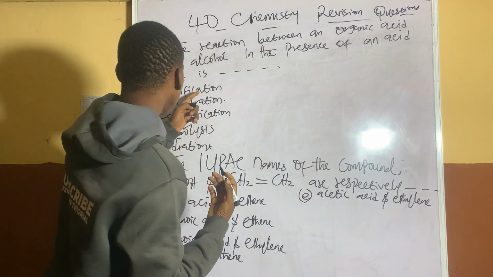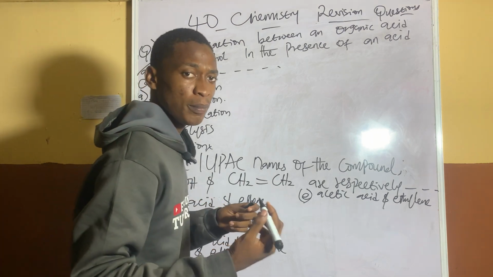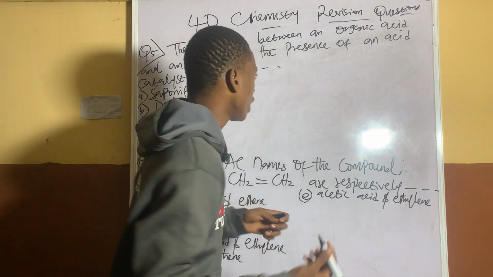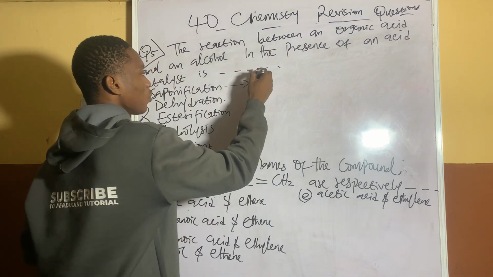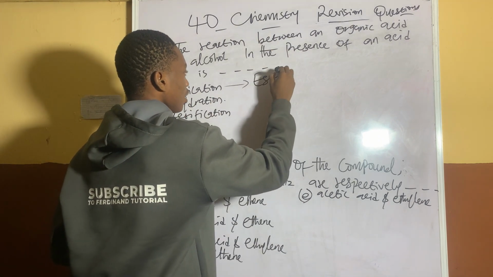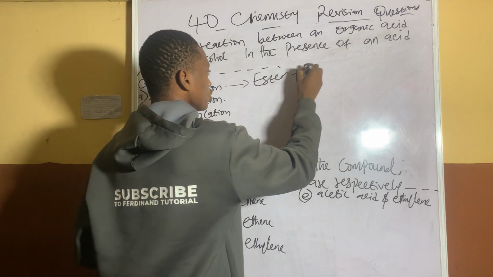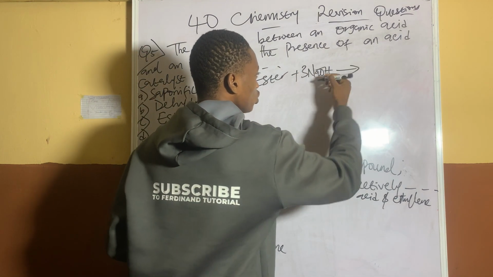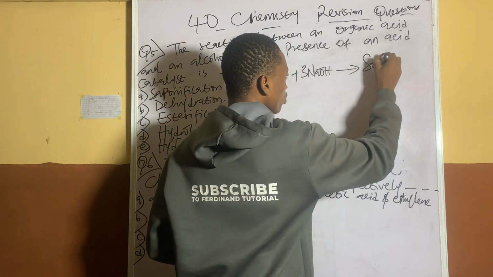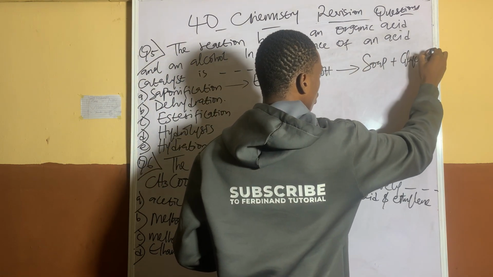So if we come to saponification, what is saponification? Saponification is a method we use to form soap. The reaction of saponification is something like this: we have an ester, an example of an ester here can be a triglyceride, plus 3 moles of sodium hydroxide, to form a soap plus glycerol.